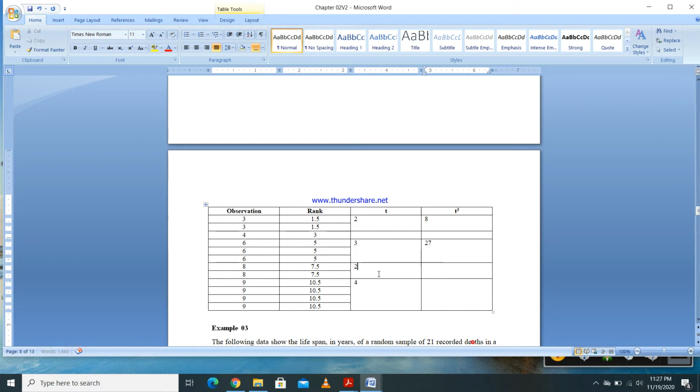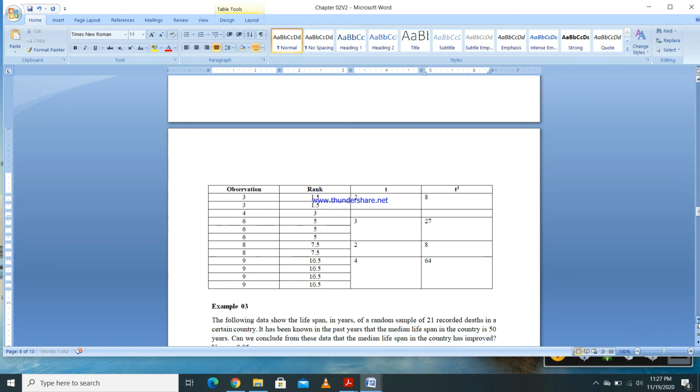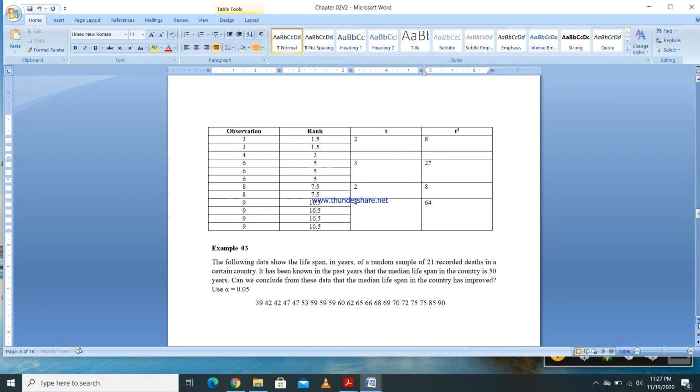Again, you have 2 as the t value, so t to the power 3 is 8. And then you have 4 as the t value. 4 to the power 3 would be 64. So likewise, you can calculate t and t to the power 3 in order to do the adjustment for the tied values. I will illustrate this more using this example.